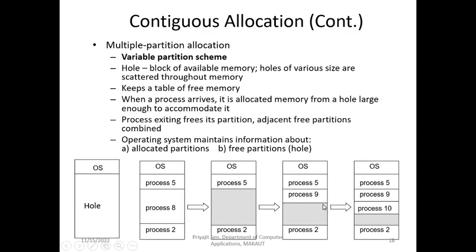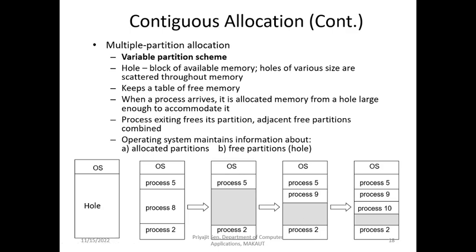You can take a particular portion to store the process. Process 9 is of lower size than process 8. Process 8 took the whole partition, but when process 9 came, it took only some portion of the partition, and the remaining part is kept blank.